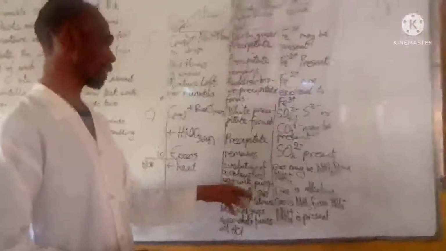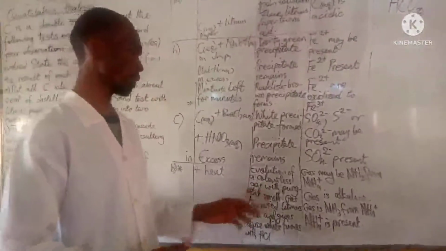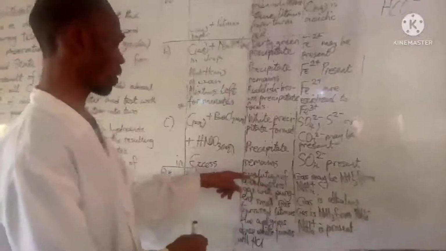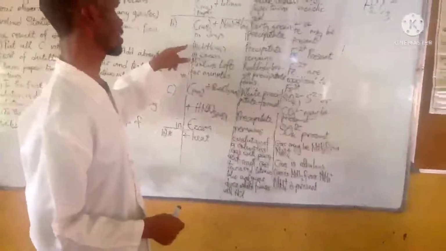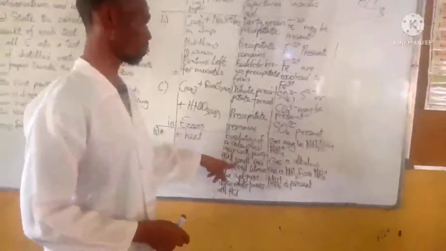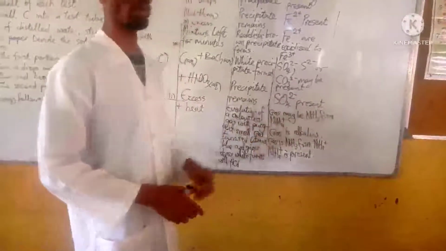And when we passed that gas through litmus paper, it turned red litmus blue, and gave us dense white fumes with HCl. So there, when we saw evolution of a colorless gas, being that we've already added sodium hydroxide, and the gas has a pungent smell, we suspect that the gas is ammonia from ammonium ion, okay?